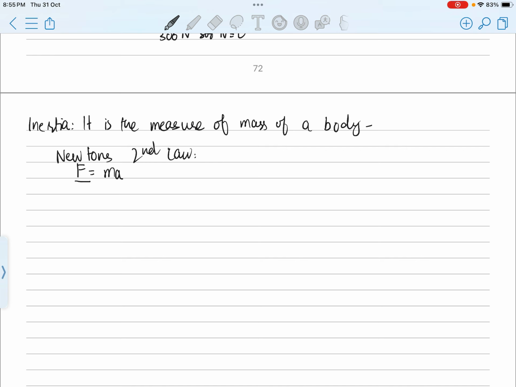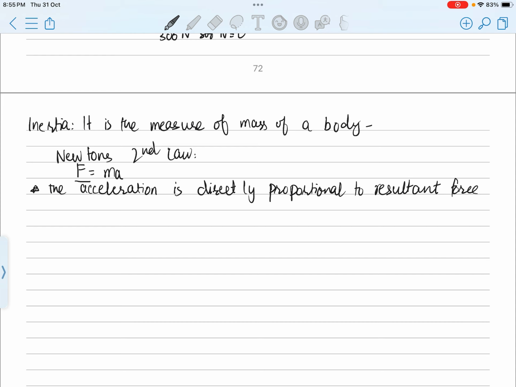First of all, Newton's second law states that the acceleration is directly proportional to resultant force, provided mass is constant.